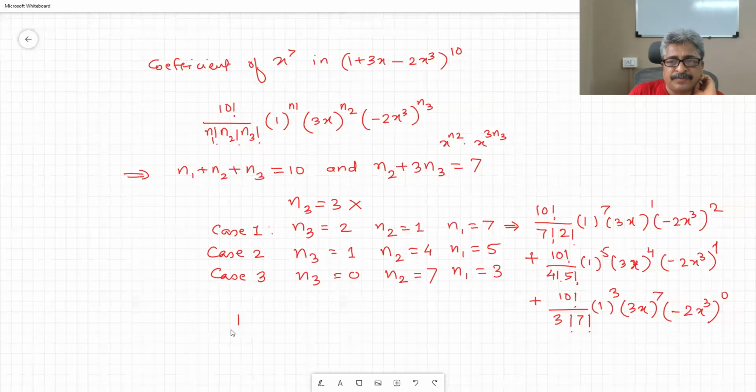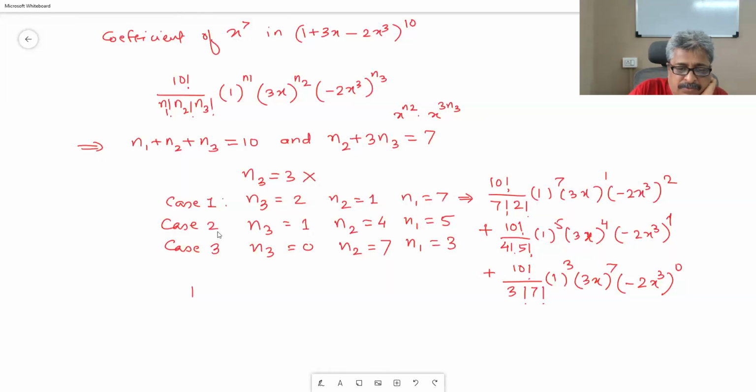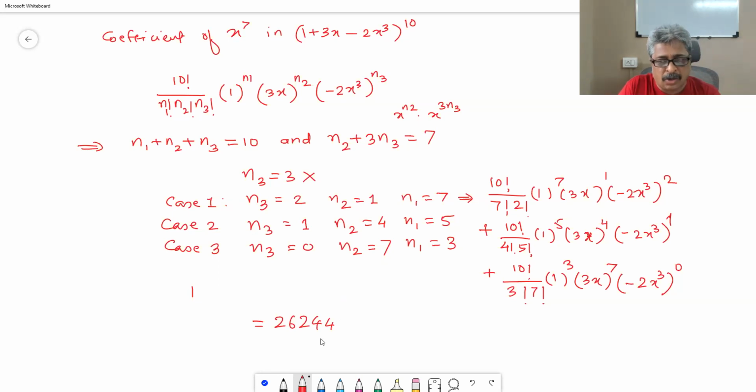I don't spend time on that now. I just write down. First term happens to be 26244. Now, if these calculations in the book are wrong, then I am very sorry about it, but hopefully these are correct. 20, 41, 20.